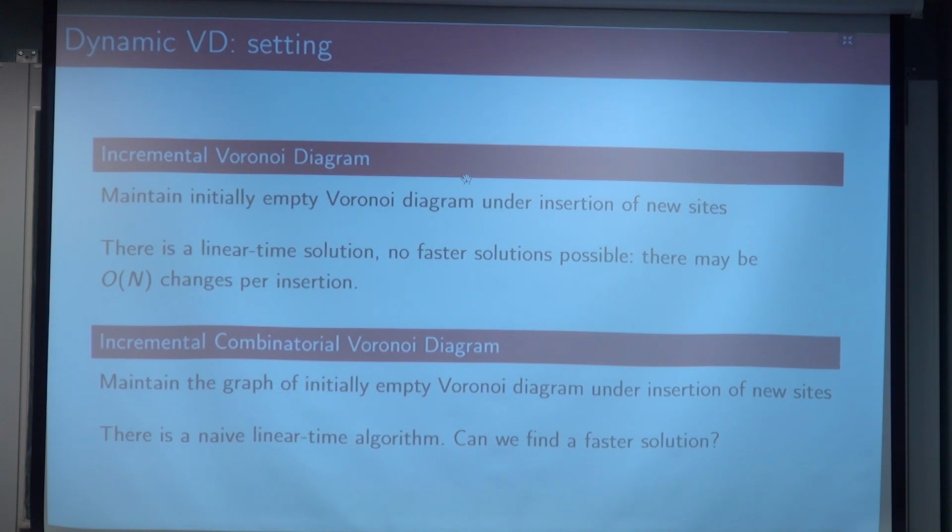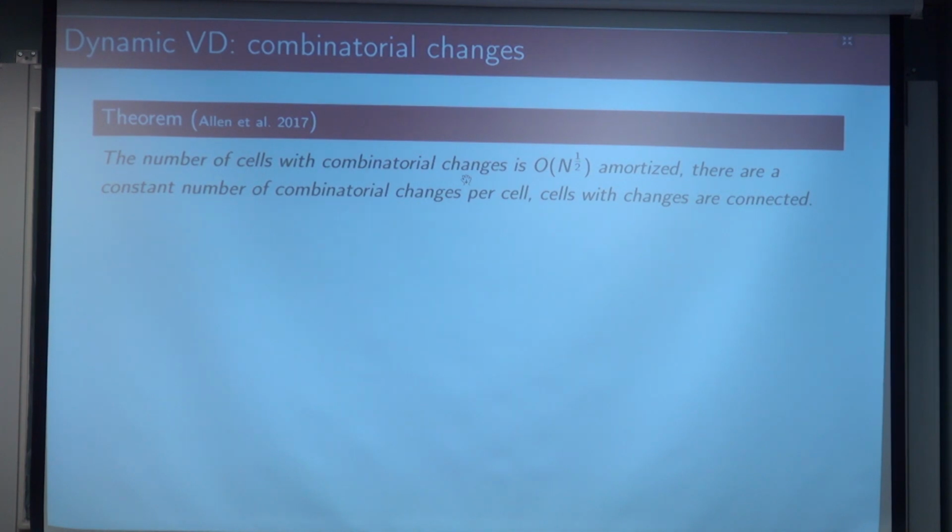And for it, there is no linear lower bound, so we can try to find a solution faster than linear. The only bound we have is that there are expected amortized, or just amortized, no more than square root of n combinatorial changes per insertion. So that gives us hope to really get closer to sublinear time.